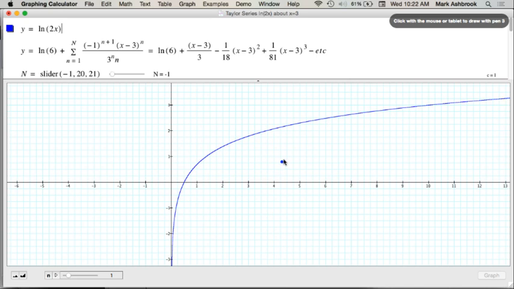So now what about Taylor polynomials? Our first Taylor polynomial is ln of 6. What does that do for us in terms of the original function? So this is T0. What does it do?